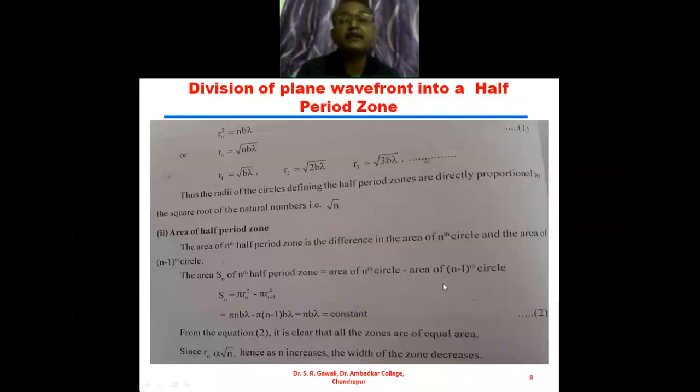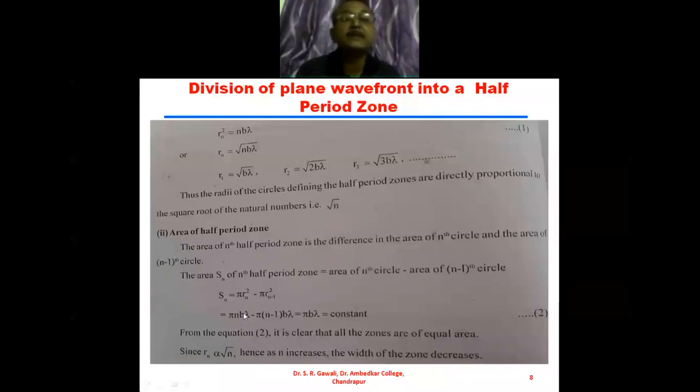And what is the area? Area is equal to pi r square. So Sn is equal to pi Rn square, Rn being the radius of the nth circle, minus pi into R(n-1) square.